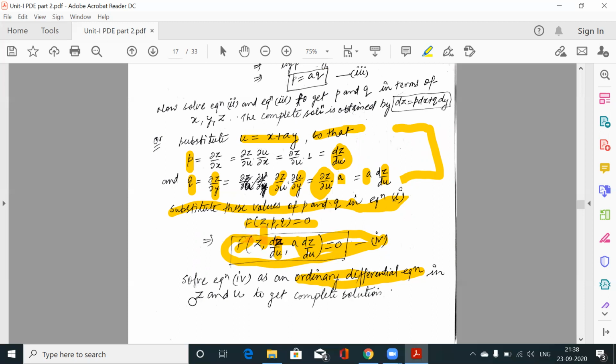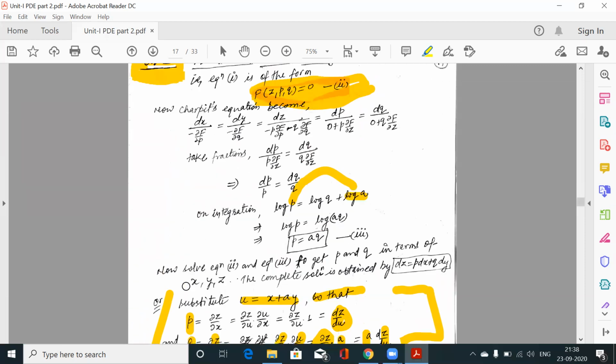So we know the separation method, the homogeneous method, the exact differential method, the linear method, the Cauchy linear method. So we have a choice, either we can use this part to get our complete solution or this part.